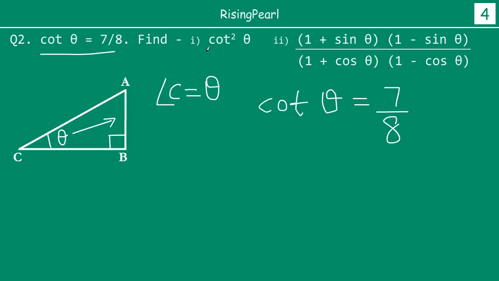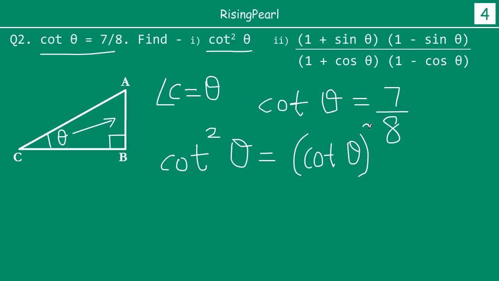So what is this question really asking us? So cot square theta is nothing but cot theta squared. This is very important to understand, and we have discussed this earlier as well. So friends, essentially the trigonometric ratio cot theta, if you square that, it is also written as cot, then the square, and then the angle.